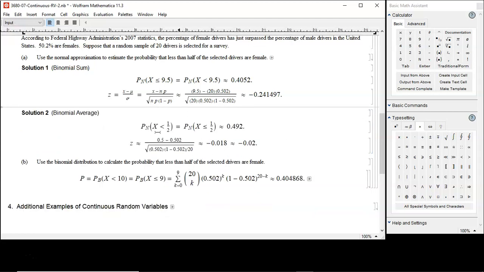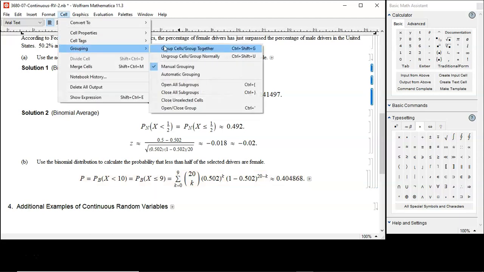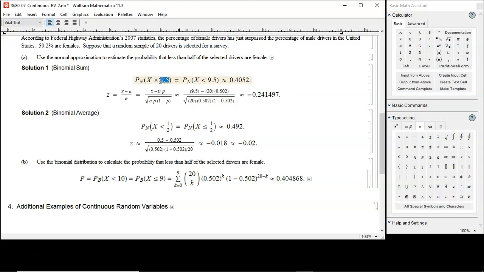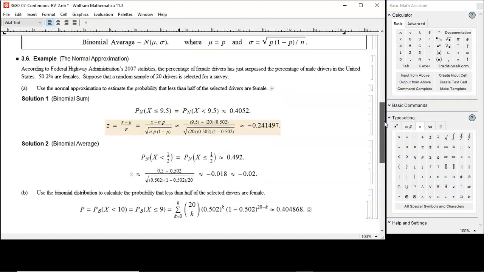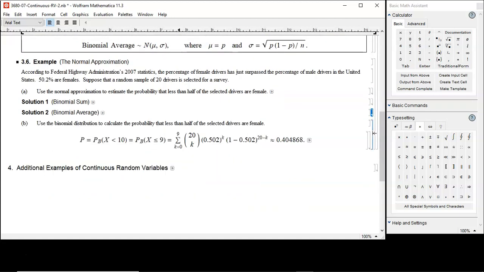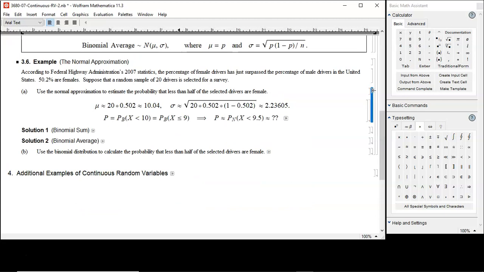So this binomial average is simple because I don't really have to consider 0.5, but the trade-off is it's a bad approximation. Now this binomial sum method is a little bit harder because I have to consider this 0.5, but it gives you a good approximation. Now let me open up this answer key here. What did I do?